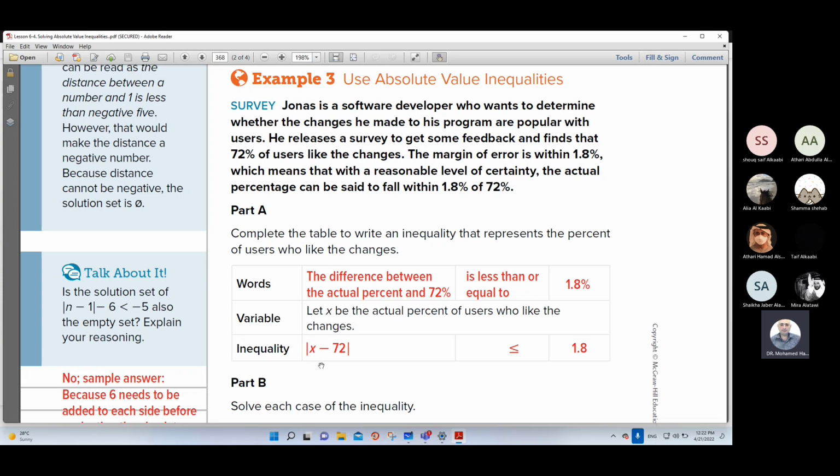Now we can translate the inequality. The difference means minus between the actual value x and 72, inside an absolute value, less than or equal to 1.8.